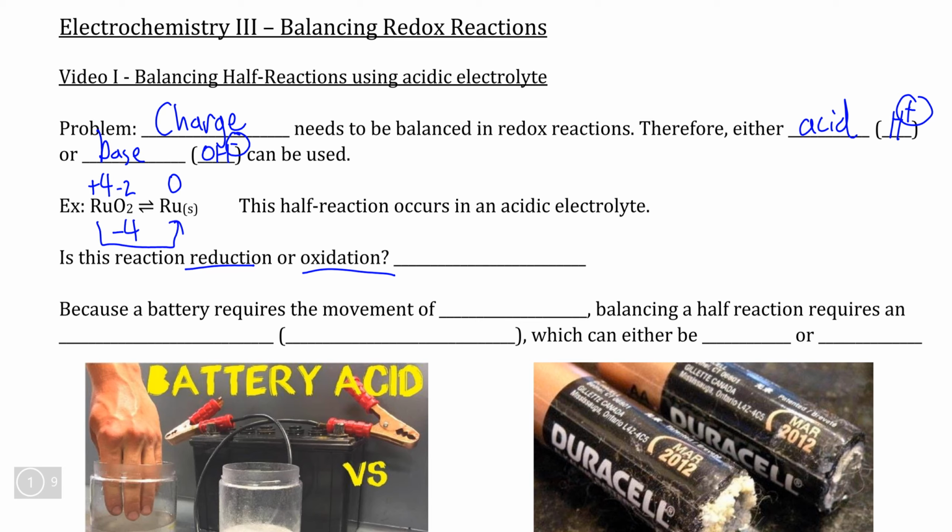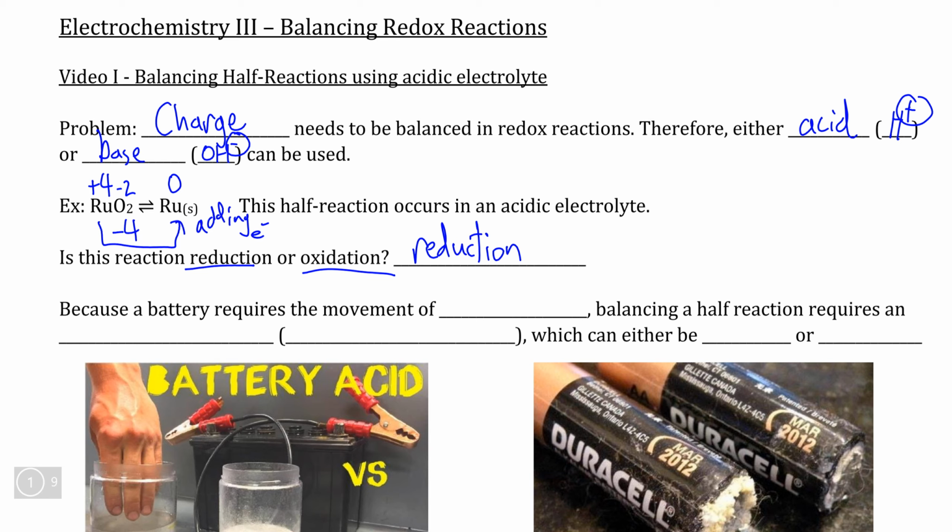When we go from +4 to 0, we are decreasing the oxidation number, which means that we are adding electrons here. Therefore, this is a reduction reaction, and this is useful, as we will see when we start balancing this.